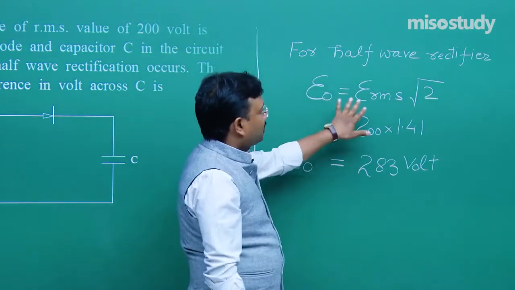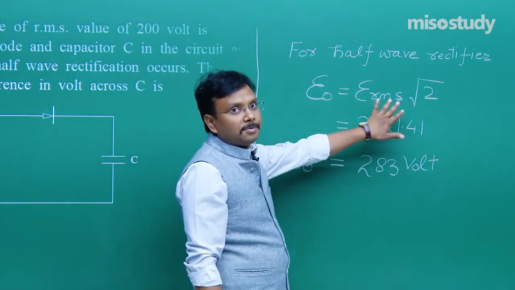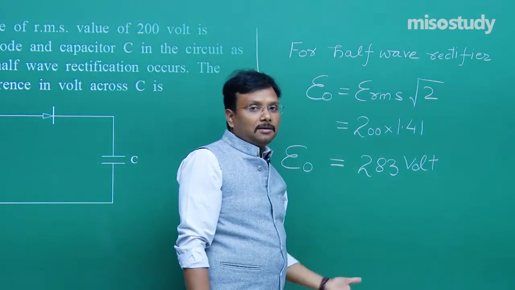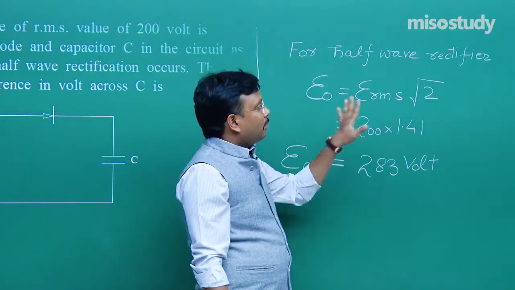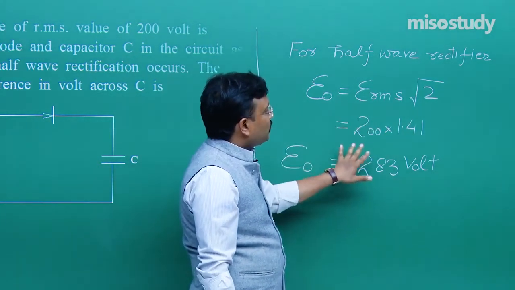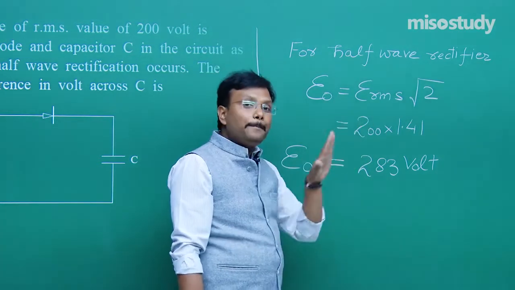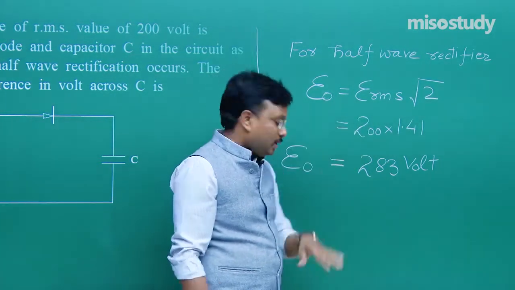So here what is important is this formula, this concept. Fine. For a full wave rectifier, things will change accordingly, but one thing you are sure of is that by using this formula we can find out the peak voltage value. Okay.